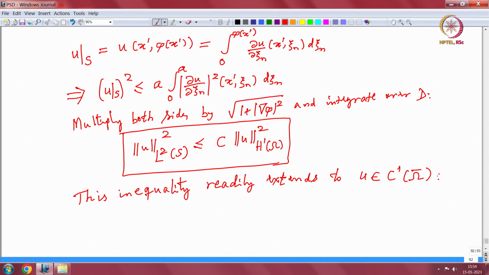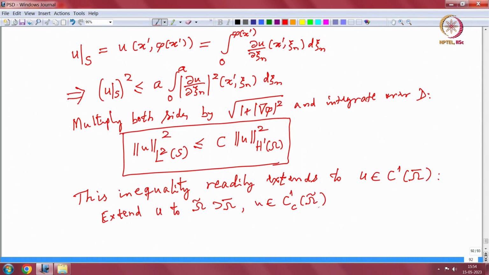Why is that? If u is in C1 omega bar, extend u to some omega tilde containing omega bar, and I use again C1 with compact support on omega tilde.